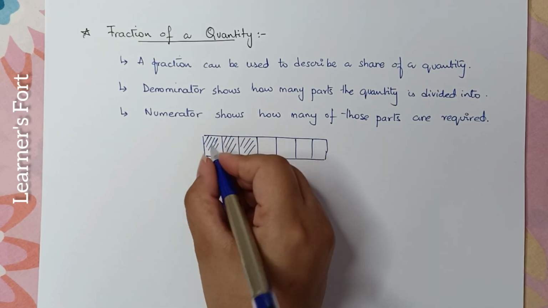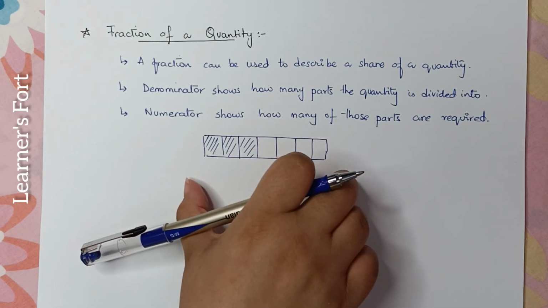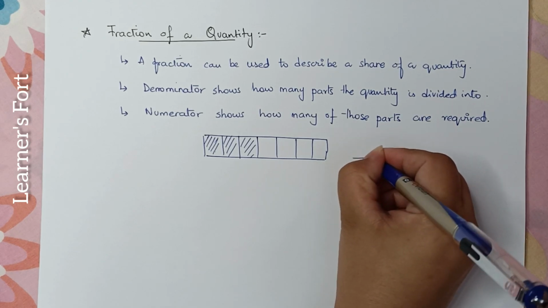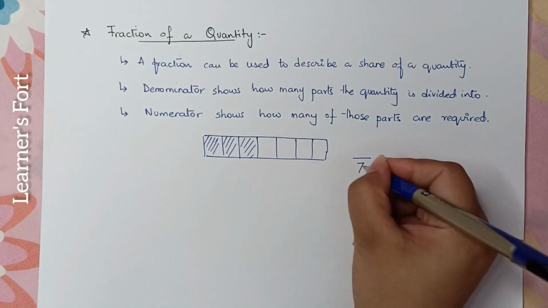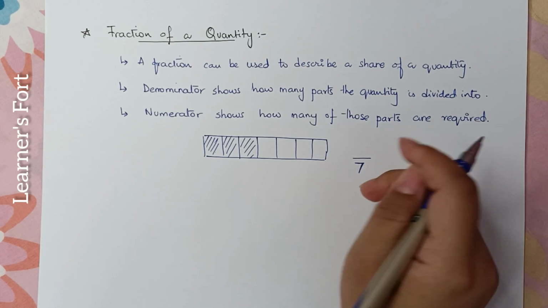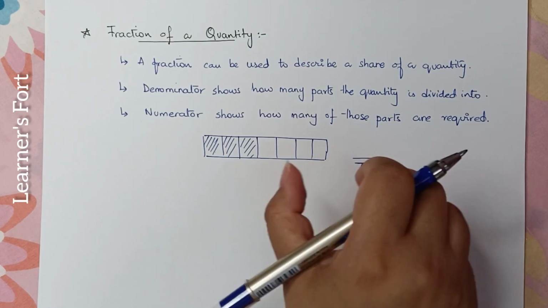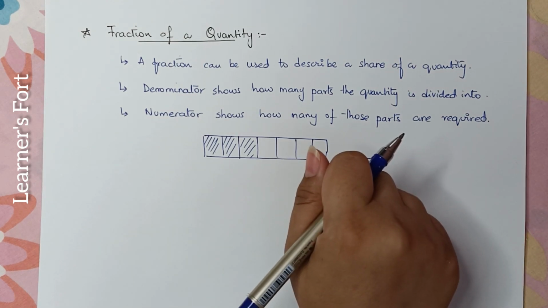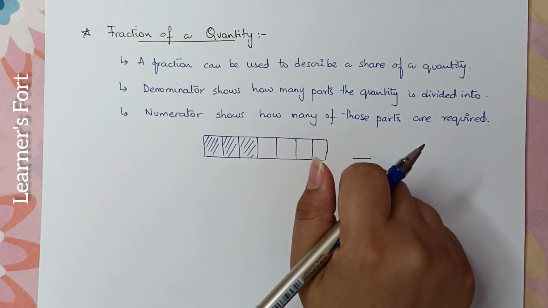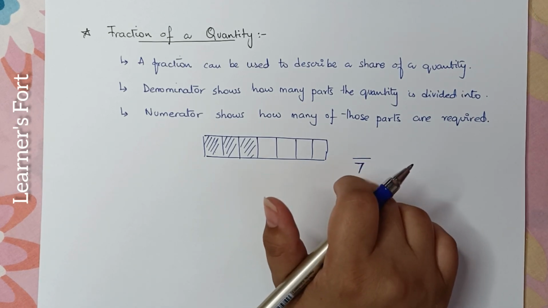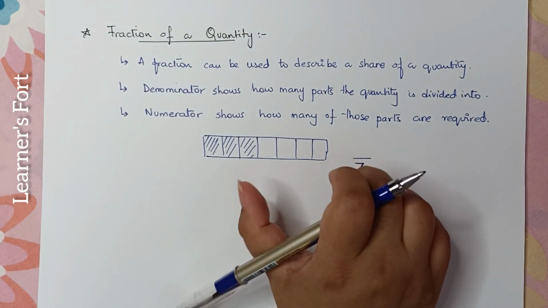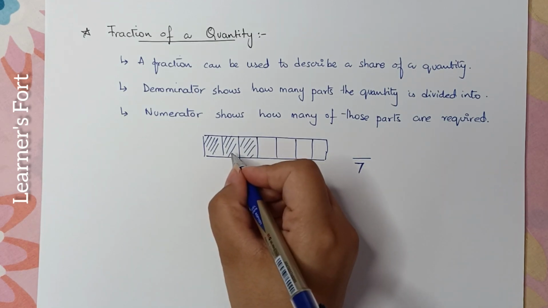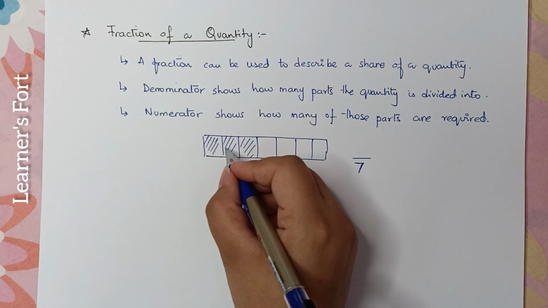If we count all the parts, the quantity is divided into 7 parts, right? So in the denominator we write the total number of parts the entire thing is divided into, and in the numerator we write how many of those parts are considered, like 1, 2, 3.